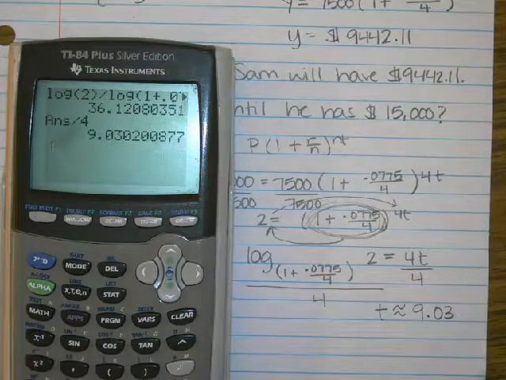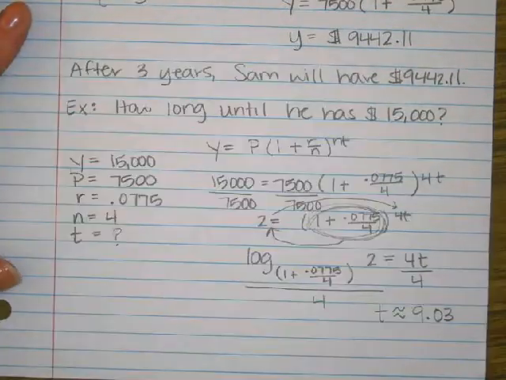So it'll take them approximately 9 years. Yep. You wouldn't have to say 9 years and 3 months or 9 years and 3 days. No, I'm not gonna make you convert it. I'm just gonna have you say it would take approximately 9.03 years. Good question.